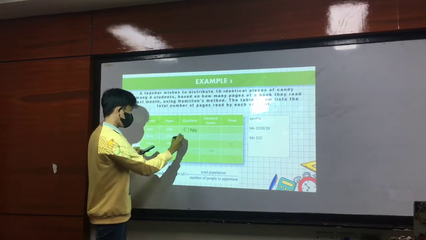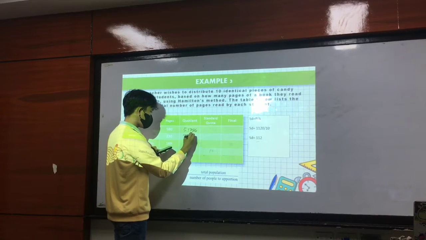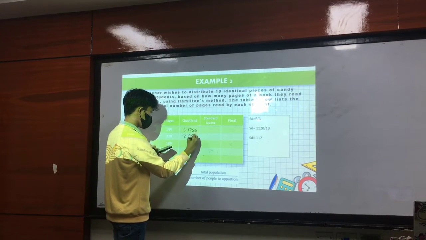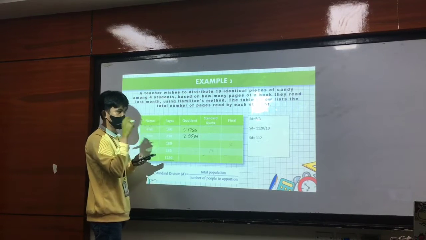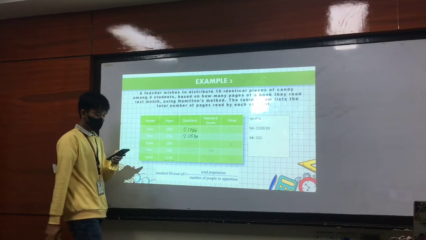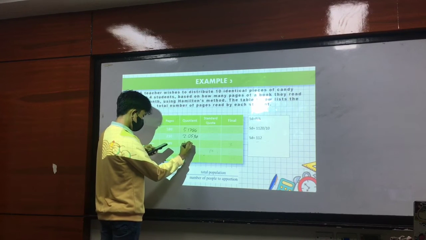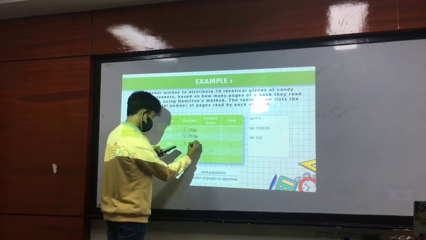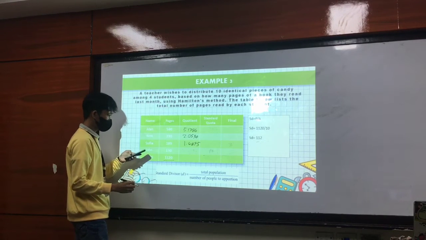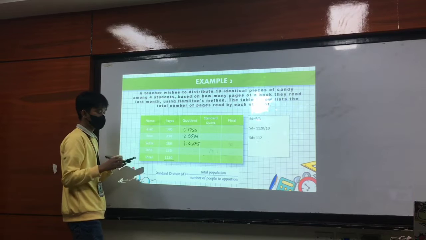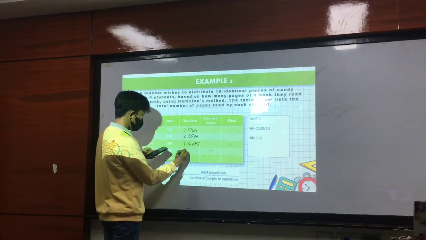We got 2.0536. For Sophia, we got 189 divided by 112. We got 1.6875. And lastly, John, 130 divided by our standard divisor, and we got 1.1607.